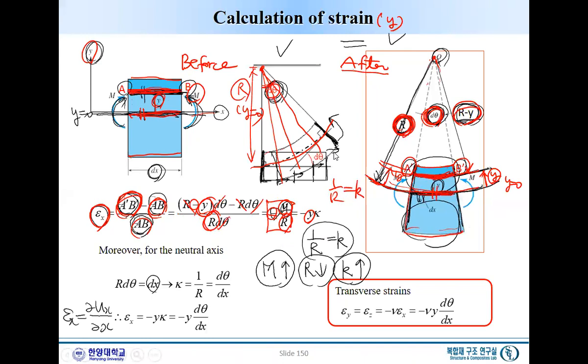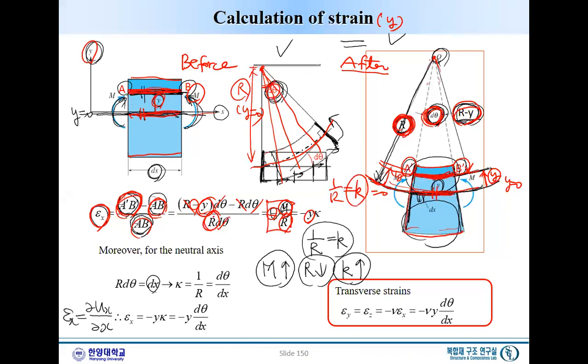Before deformation, what was R? R was infinite, right? Originally R was infinite, so curvature was 0. Now when we apply moment, R gets smaller and smaller, so the inverse of R, the curvature, will increase and increase, right?